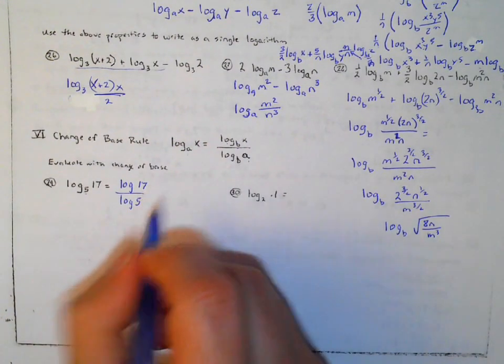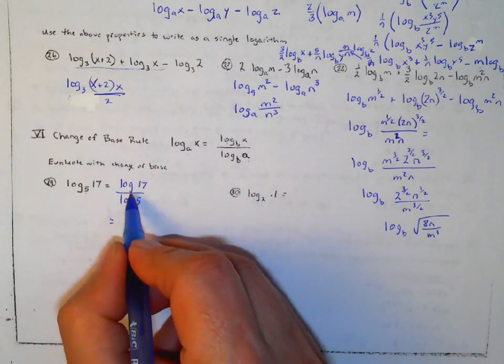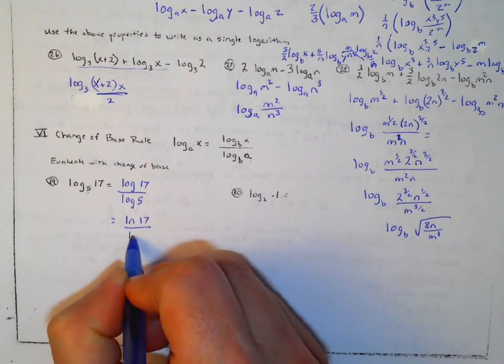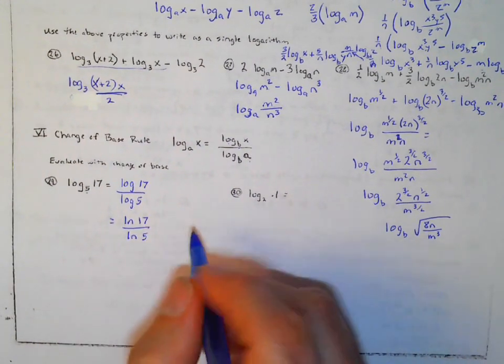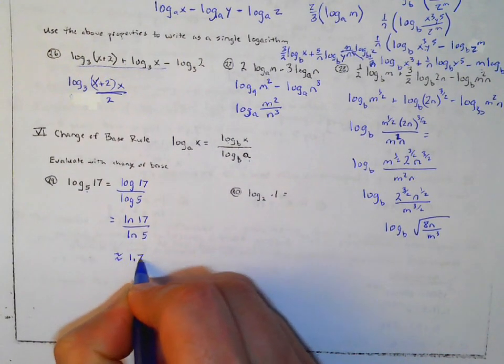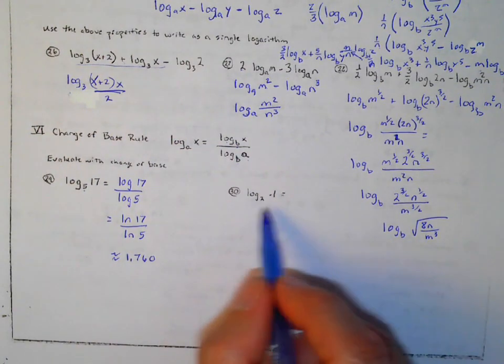You could also say this is, if you use natural log, which is another one that's easy to do in the calculator, the natural log of 17 over the natural log of 5. Both of those give you the same answer, which is approximately 1.760.